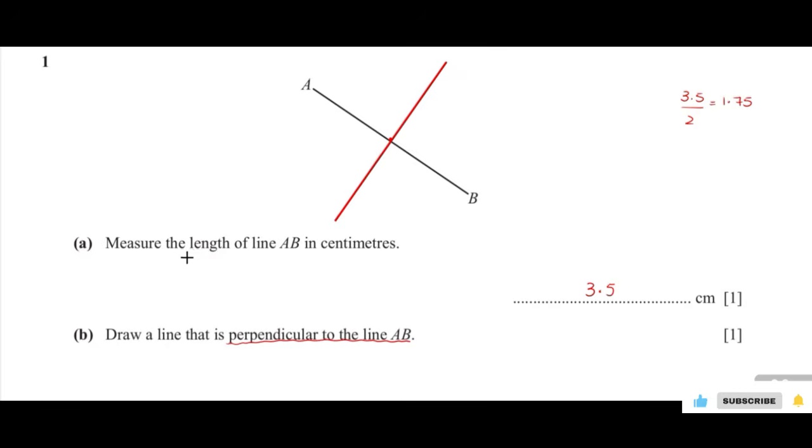In order to measure the length of the line in centimeters, just use a ruler or a scale. And in order to find the perpendicular of some line, you have to figure out the midpoint of that line, place your protractor on the midpoint and find where the angle is 90. That would be your perpendicular of the line.